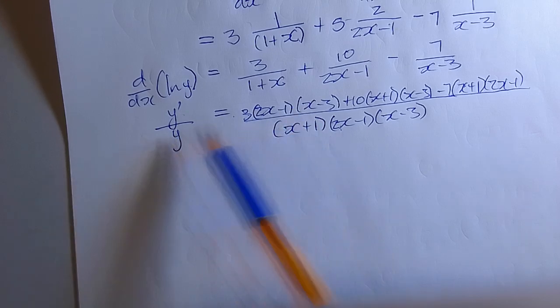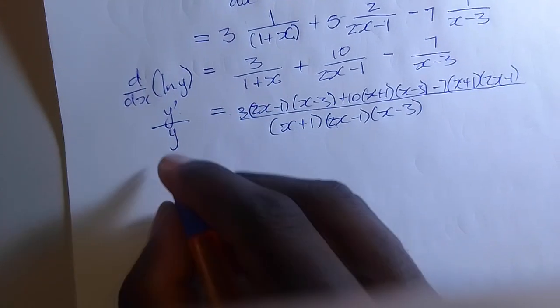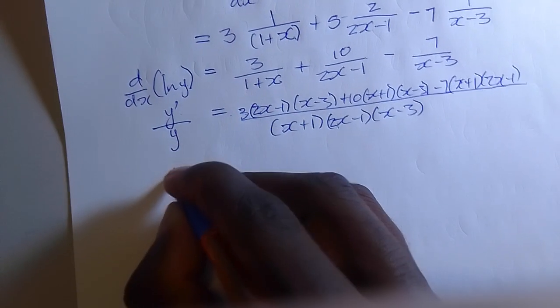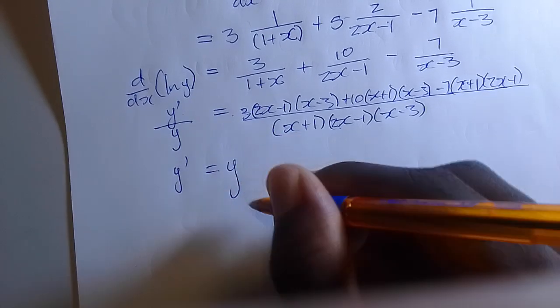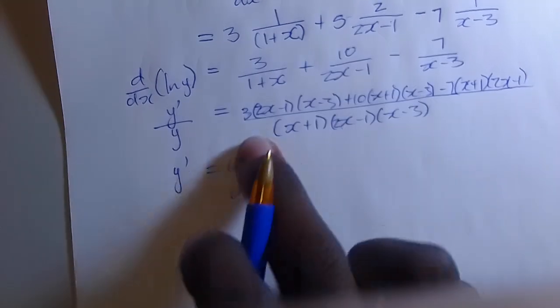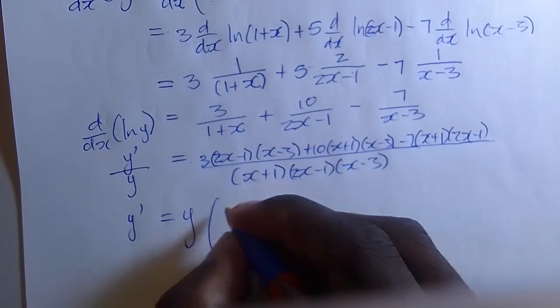So let's multiply both sides by y so that we don't have a y here anymore. So that would mean we have y prime as y into this entire thing. Now let us try to do a bit of simplification.